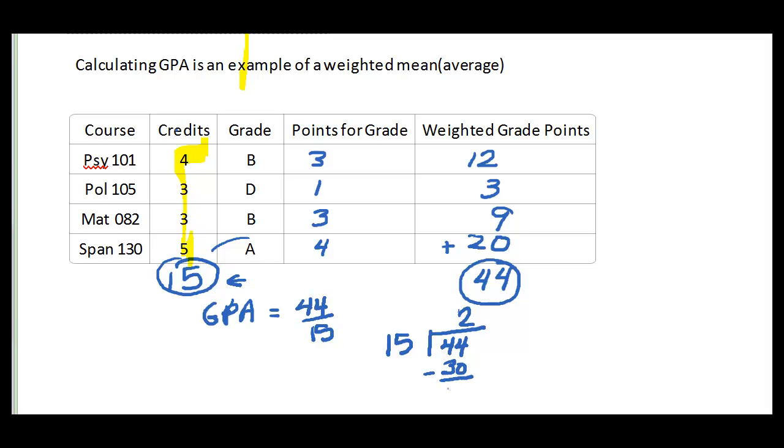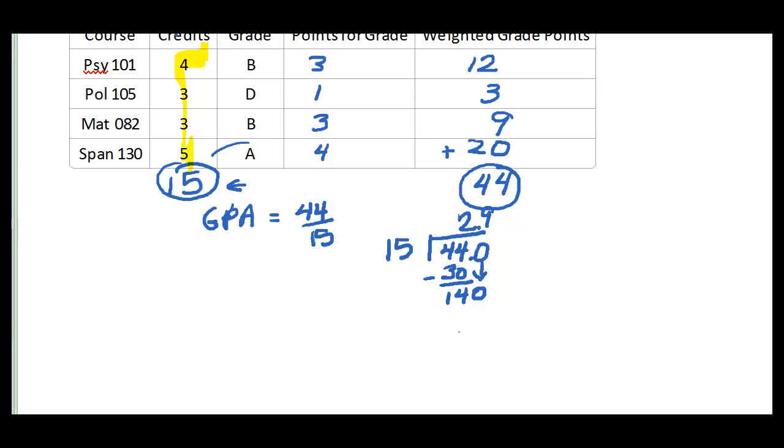We subtract, get 14, and now we need a decimal, so we carry down a 0. And 15 goes into 140 9 times. 9 times 5 is 45, carry the 4, so that's 135.